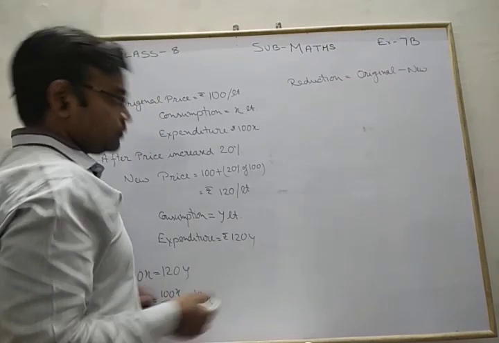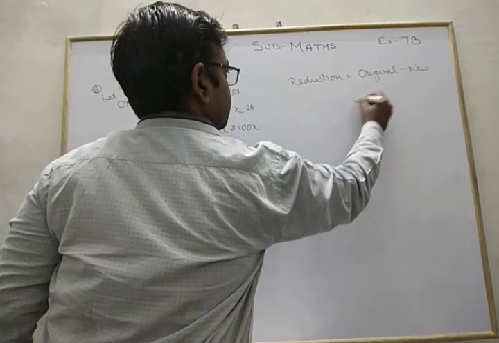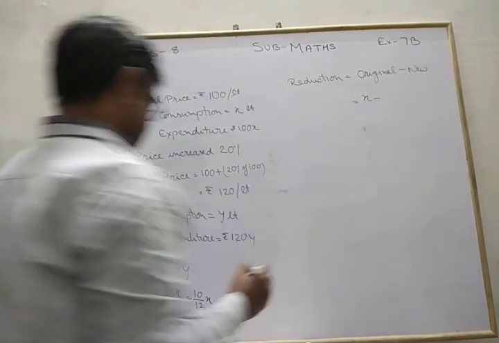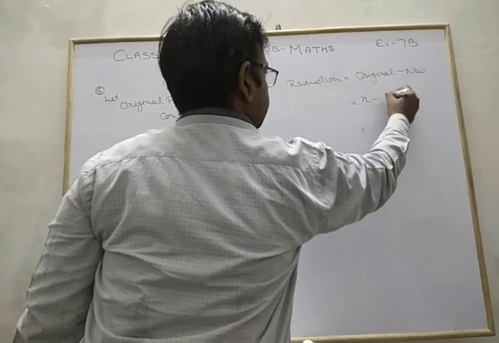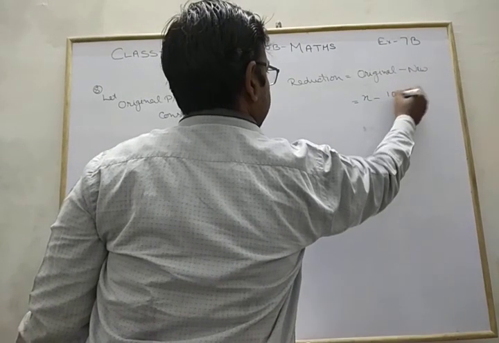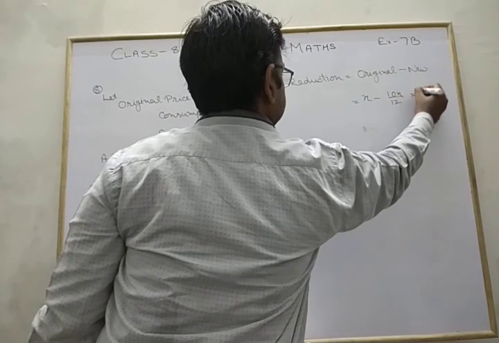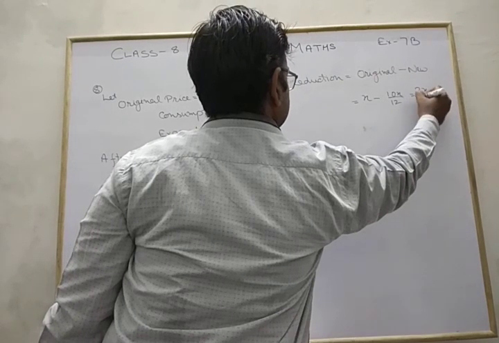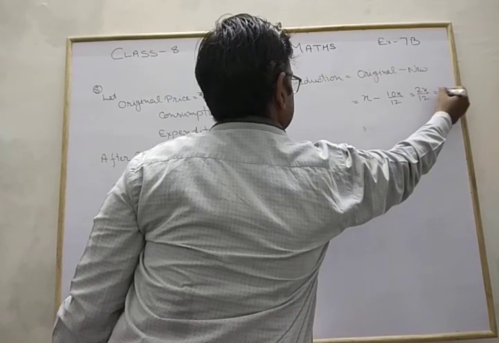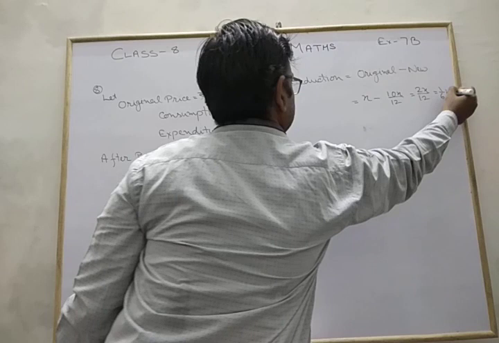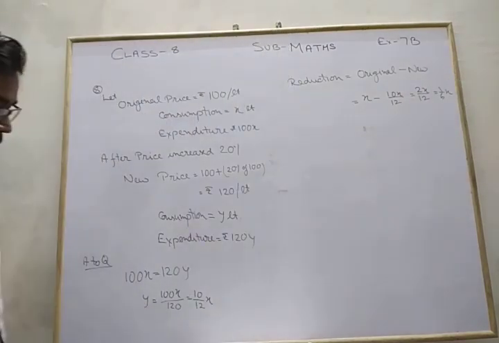It's x minus 10x upon 12, equals 2x upon 12, or you can write x upon 6.